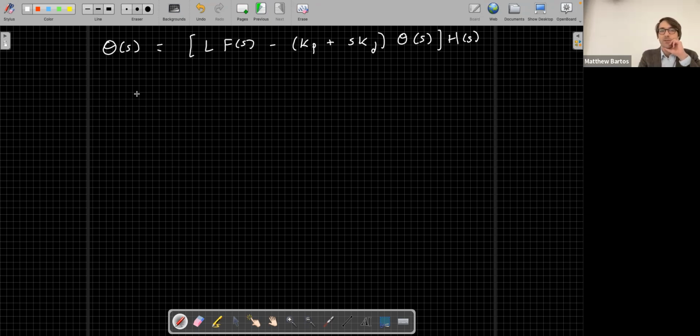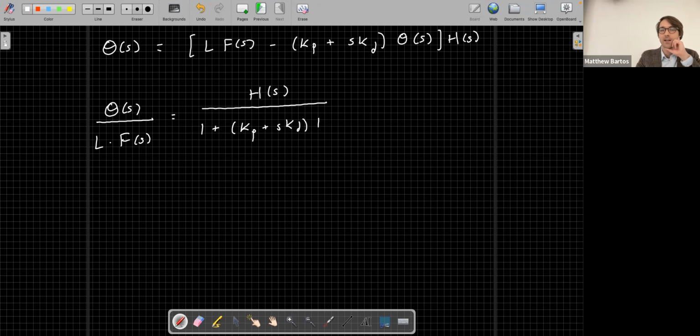Okay, and if we divide through and find our closed loop transfer function, theta(s) divided by L times F(s), we will get H(s) divided by 1 plus (Kp plus sKd) times H(s).